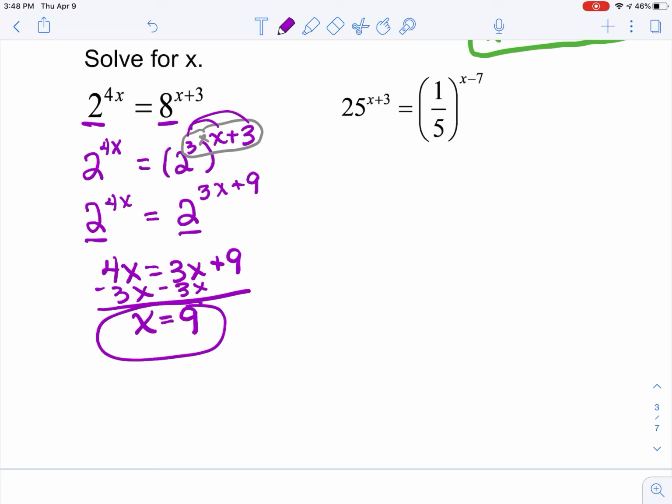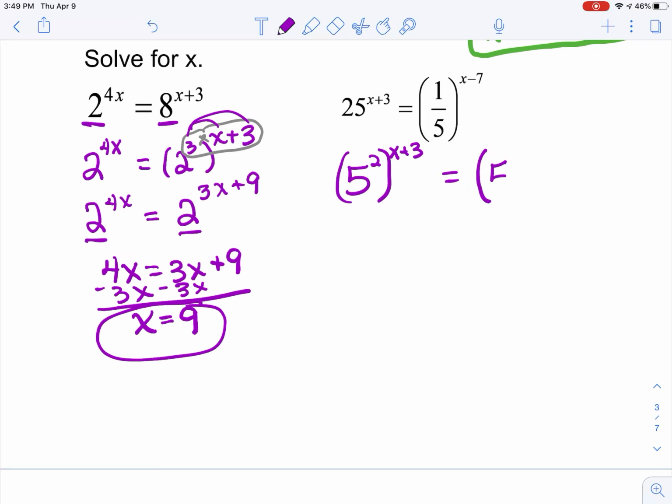This next one is a little bit more difficult. Not real bad though. Our bases are 25 and 5. Can I make 25 with a base 5? The answer is yes. So 5 to what power is 25? That's going to be to the second. And then we had to the x plus 3.